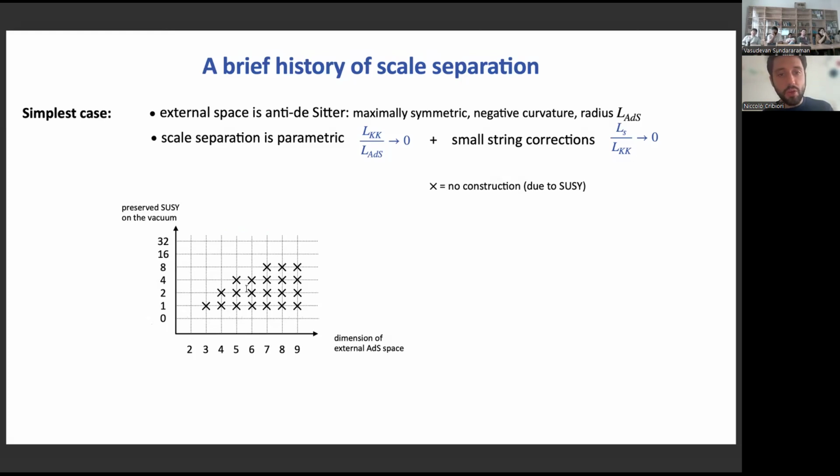I can be non-supersymmetric, so 0 supersymmetry, but I cannot have 2 supercharges. There is a similar logic for other dimensions and other numbers of supercharges. So this part of the theory space is excluded for whatever question you're asking. There is no model here, regardless of scale separation. But here, in principle, anything can go. Here we have to really see what happens.